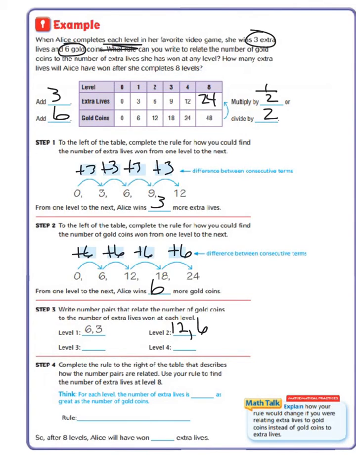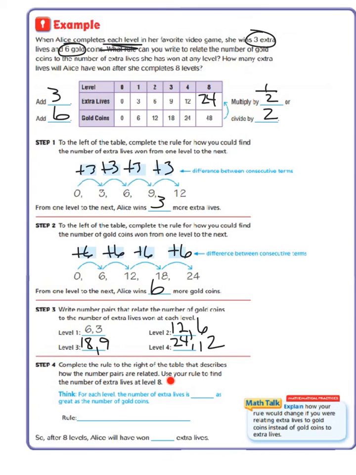Level 3 is 18 gold coins, 9 extra lives. Level 4 is 24 gold coins, 12 extra lives.